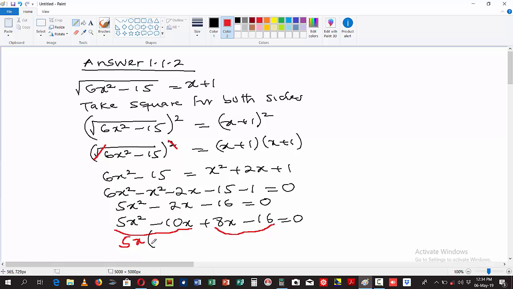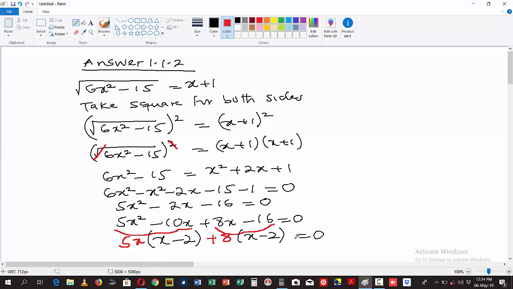Then we are going to have x left here, and then we are going to have minus 2 here. What is common between 8x and minus 16? Plus 8 will be common. So what are we left with? We are left with x here and minus 2. Everything must be equal to 0.